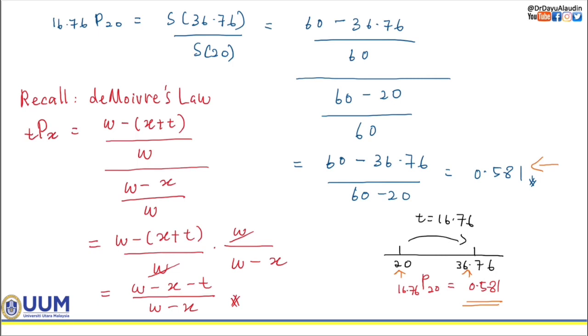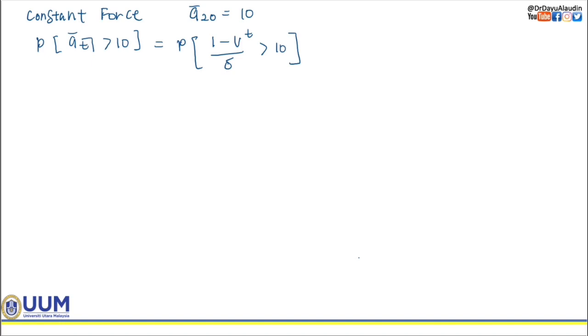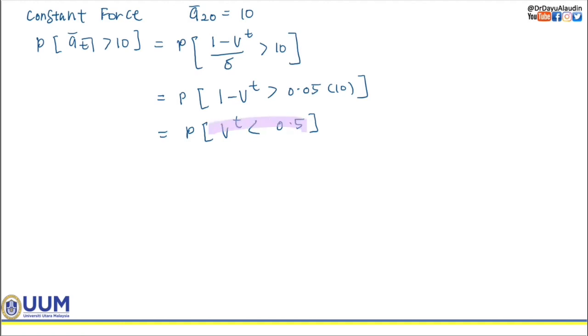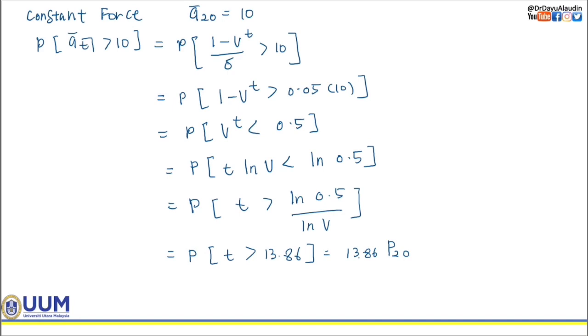The next case is constant force, so A20 is equal to 10. We substitute 10 here, and we want to find T, same as de Moivre's law, and then we solve this equation in the bracket using the ln, and finally we get T equal to 13.86.